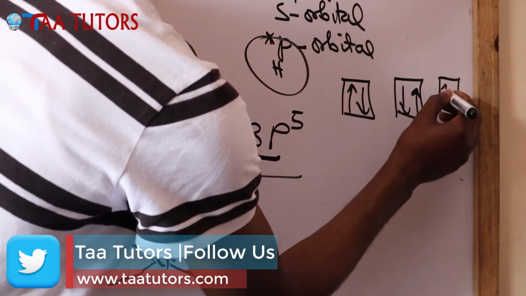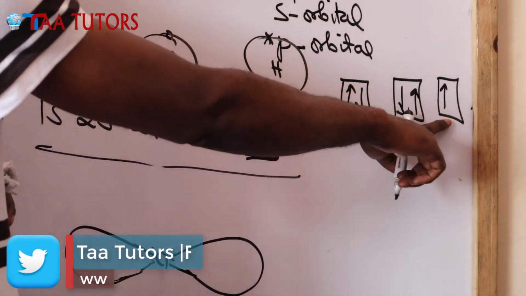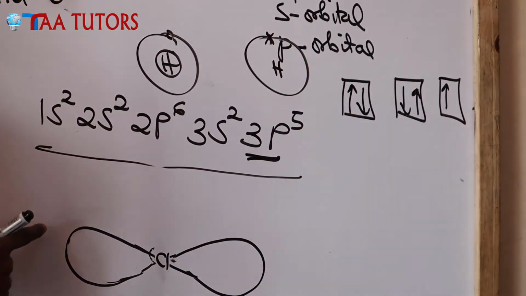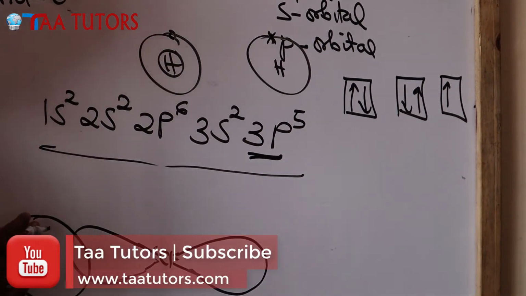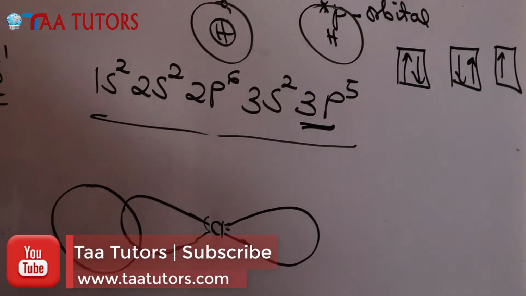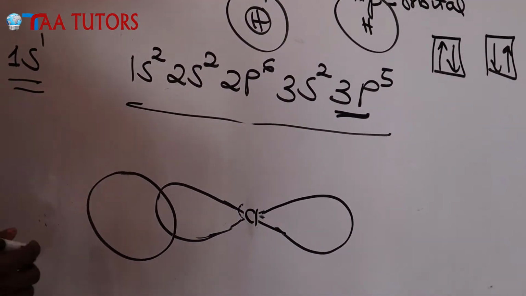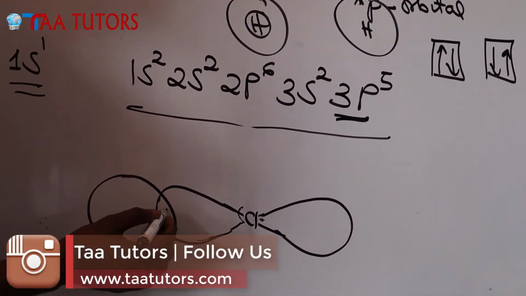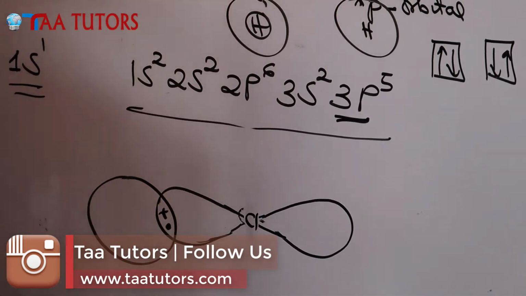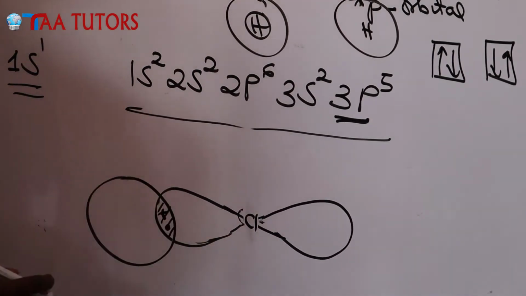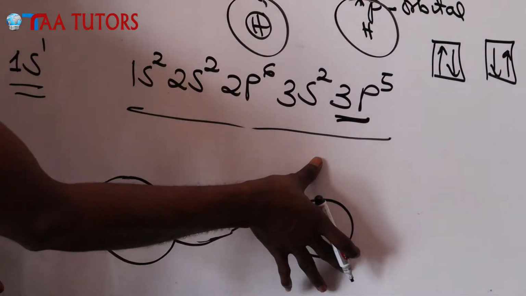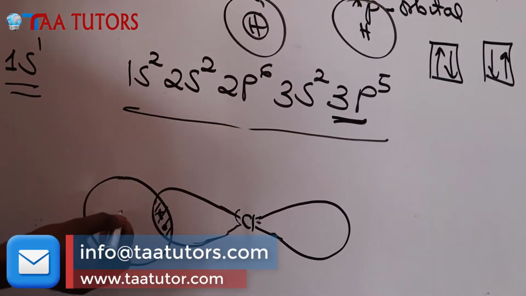You realize that only one orbital is not complete. So that orbital will link with hydrogen. We are going to have a linkage which occurs like this. This is the part where the electrons are shared, between a p orbital and an s orbital of hydrogen.